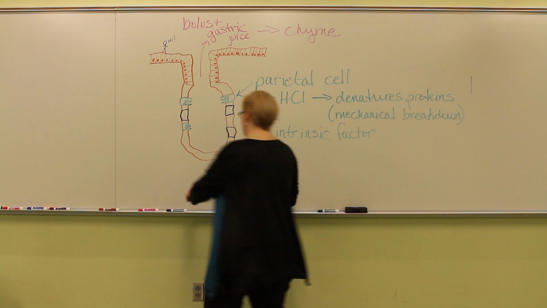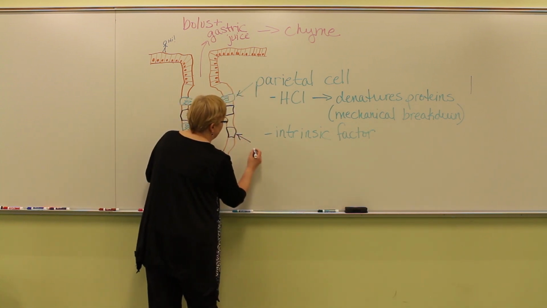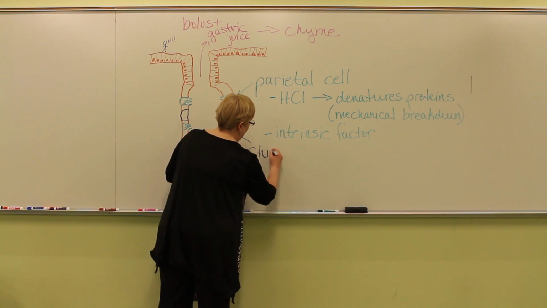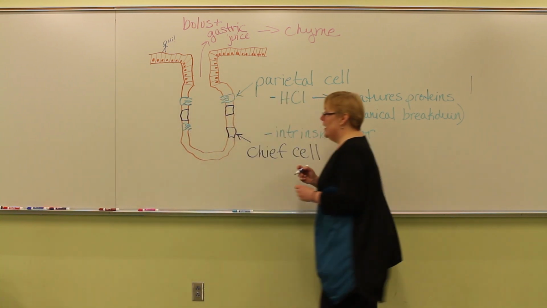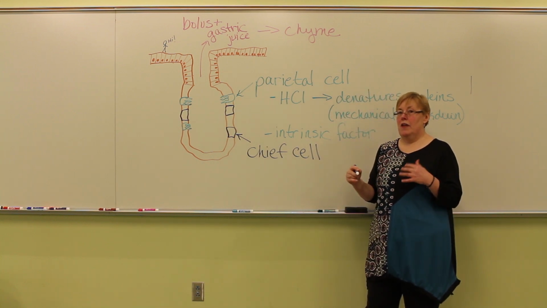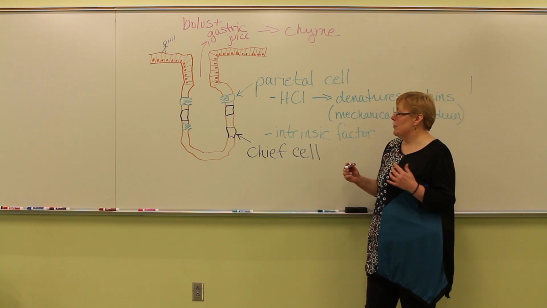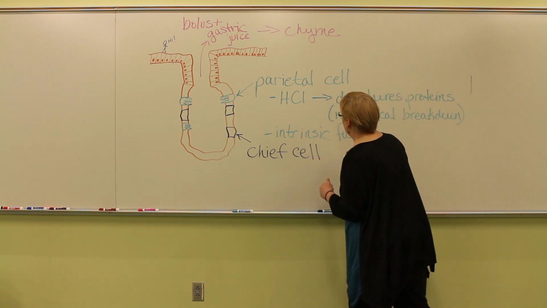The other cell that we're interested in here is the chief cell. The chief cells produce the enzymes that are found in the gastric juice, or in one case, the pre-enzyme.